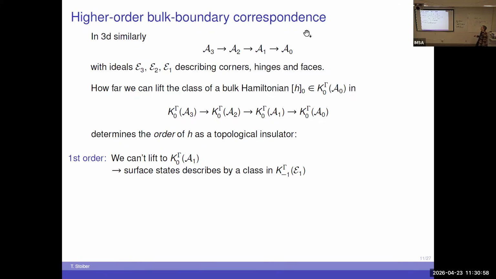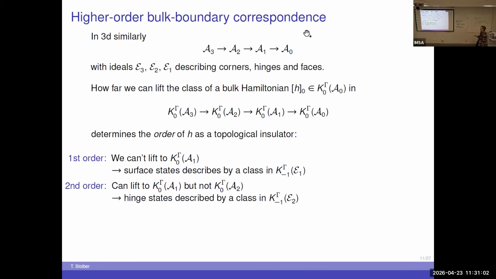If we can in fact lift to the geometry which has faces, but we get stuck in the next step, so when we can't lift to a geometry which has hinges, then we get the topological obstruction, the hinge states, and then we always get some sort of boundary states which are described by another K-theory class.